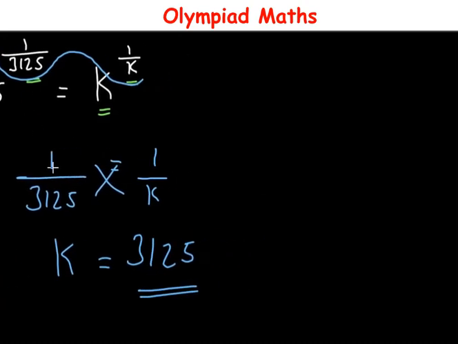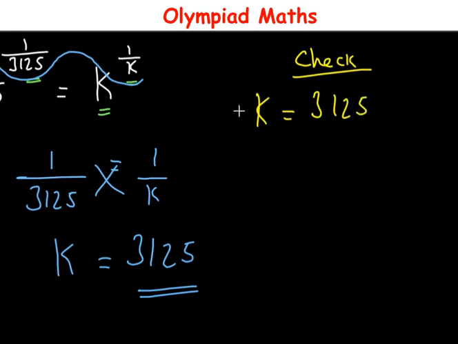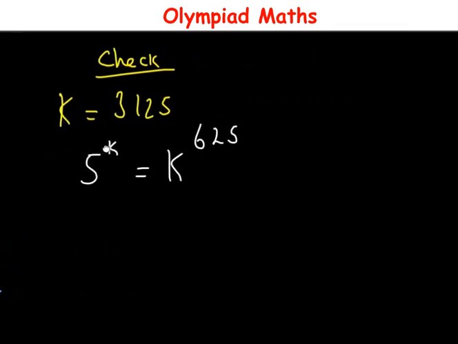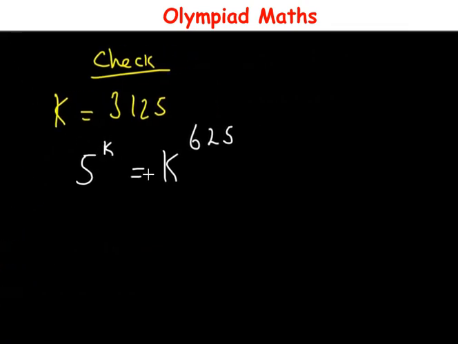Now, the next thing is to check if the value of k is the correct solution. So let us check right here. The value of k that we got was 3125, and the question is 5 raised to power k equals k raised to power 625. So if we input the value of k into this equation, will both sides equal each other? Let us confirm.